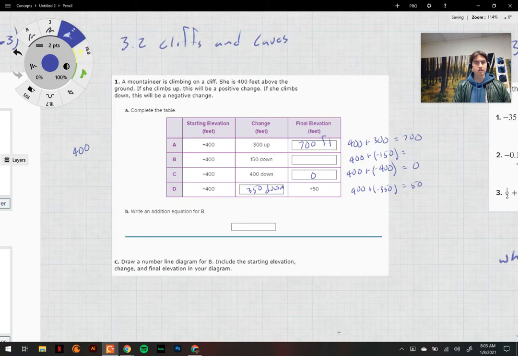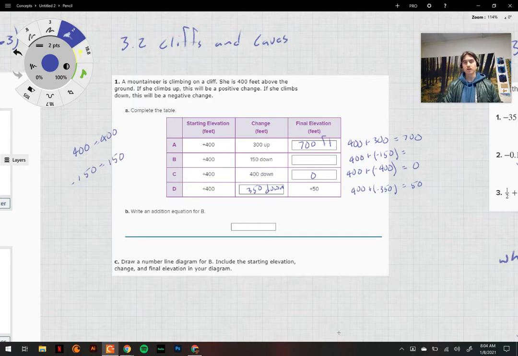I have 400 and 150. Magnitude is another way of saying absolute value. The absolute value of 400, or the magnitude of 400, is 400 units away from 0. The magnitude of negative 150 is 150 units from 0.